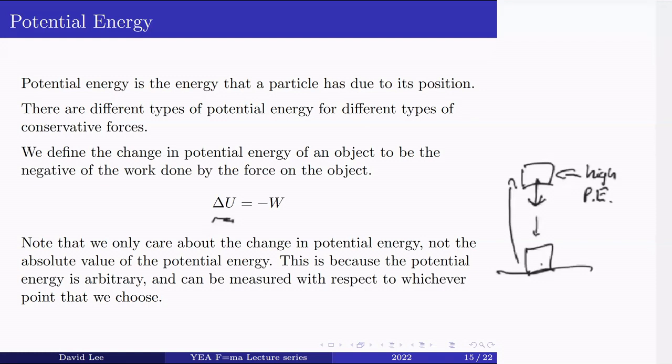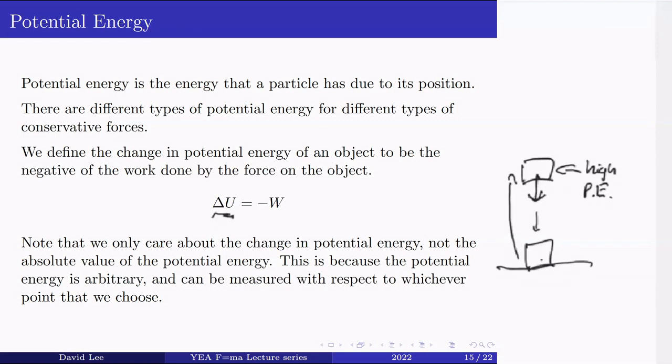And why is this? Well, for potential energy, we can arbitrarily add some constant, and it doesn't really change anything because all of our potential energy has to be defined with respect to some reference point.